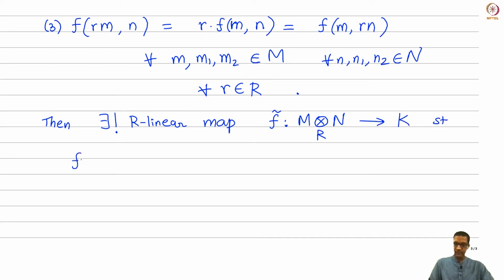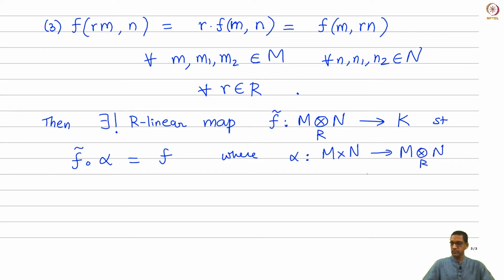Such that f tilde composition alpha is f, where alpha is the standard map from M cross N to M tensor N. So this is the usual map.